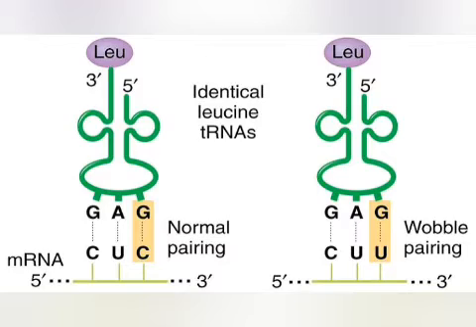All are unique, all are different from one another. Next, come to the fourth point. Genetic code is degenerate in nature.